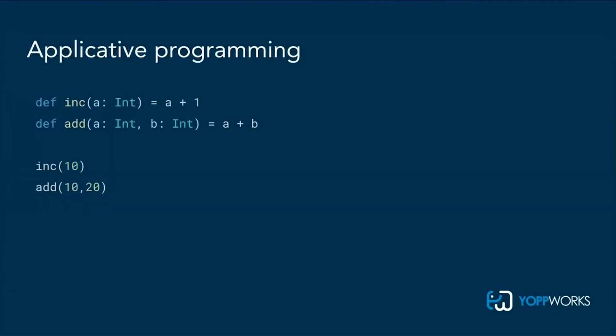Applicative programming just means applying the function to an argument. We take these two pure functions here, and they take pure parameters, pure arguments, and the act of applying the function and replacing it with the result is applicative programming. That's pretty common. Every programming language looks pretty much like this.